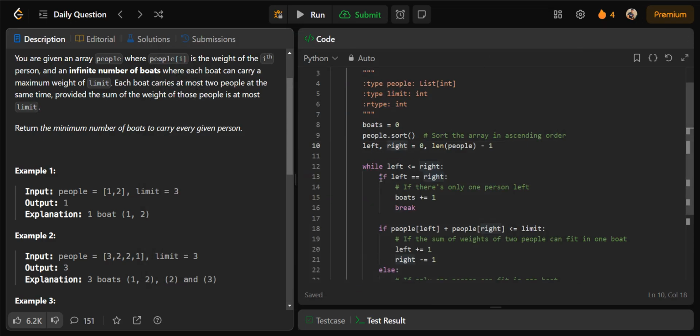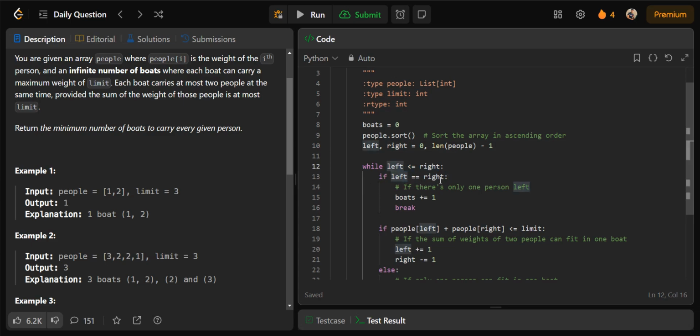So here we can see I initialize the while loop with left less than or equal to right. This means I was solving by another method, but I was getting an error, so I have used the two pointer approach here. When the sorted array is completely executed, there is either no element or only one element, so it is the base condition.